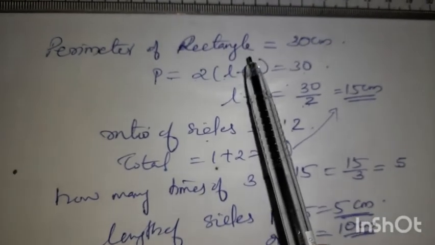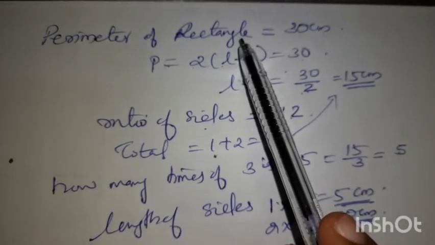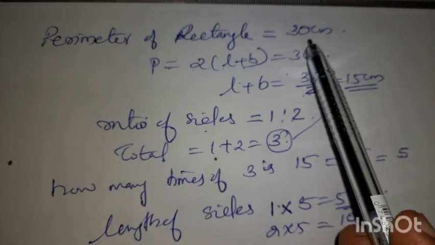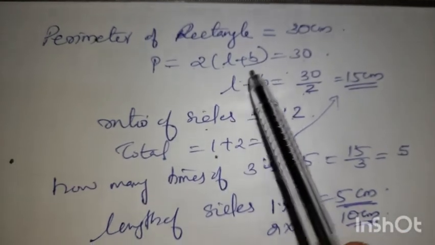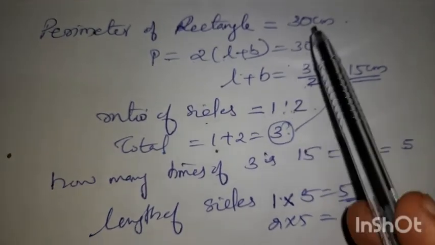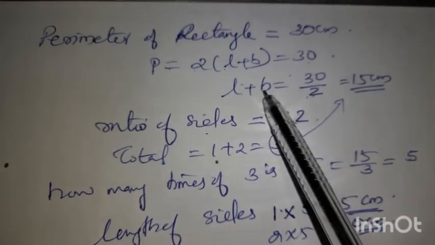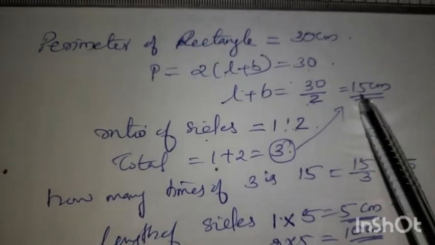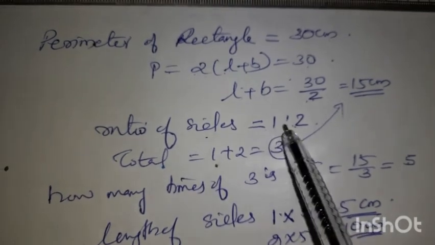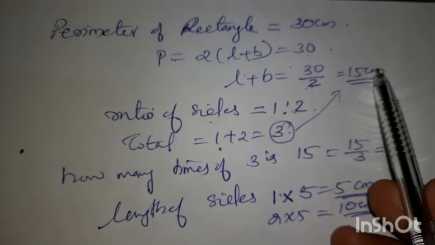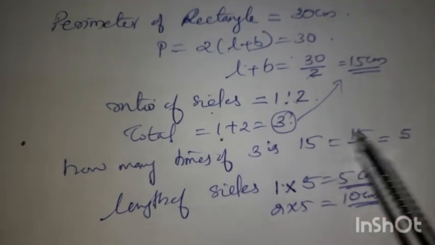First they gave the perimeter, 30 centimeters, and the ratio of the sides 1 is to 2. From the perimeter you find the sum of length and breadth. If you add the ratio, how many times of that is 15? That is 5 times.